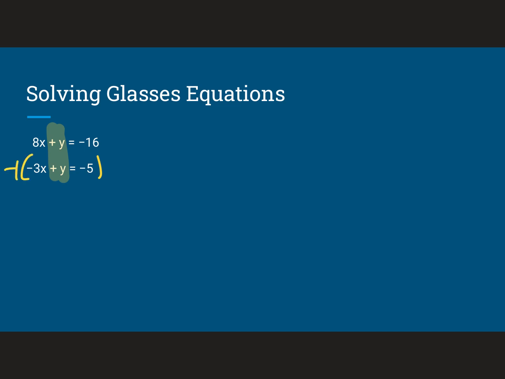It doesn't matter. You can do either one, just so you know. So that becomes 3x minus y equals 5. My top equation is still 8x plus y equals -16. Notice the -3x became positive 3x, plus y became minus y, -5 became 5.